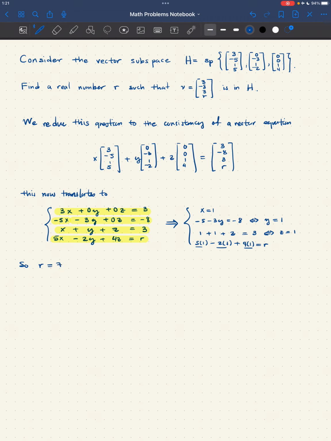In other words, the vector v is in H, in the span of this tree, if and only if this parameter r is equal to 7. And with this, we conclude.